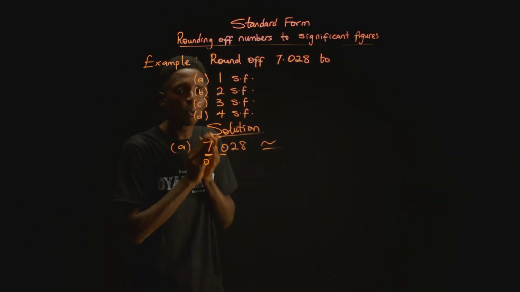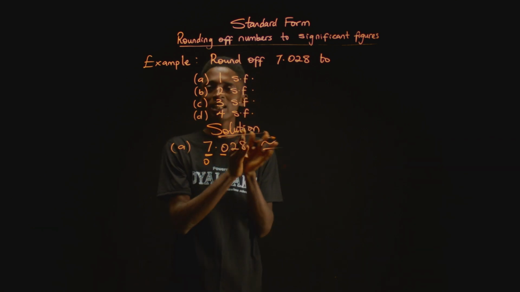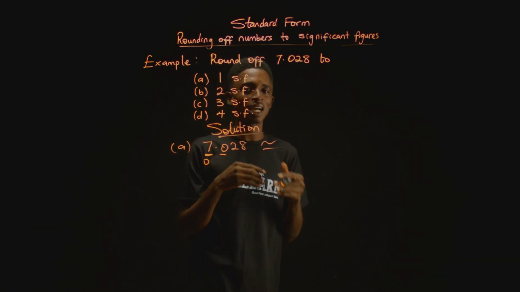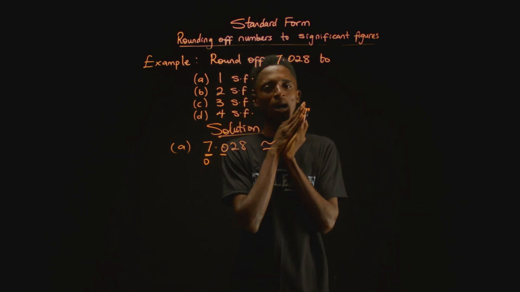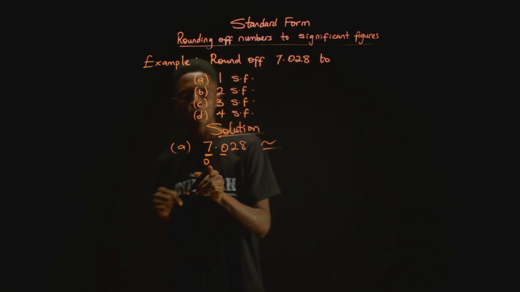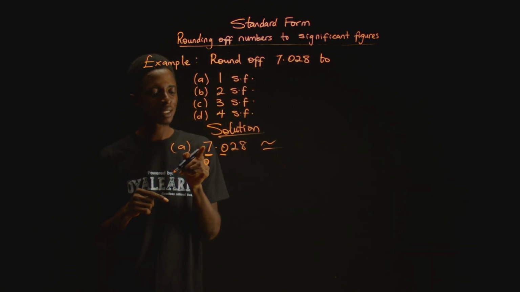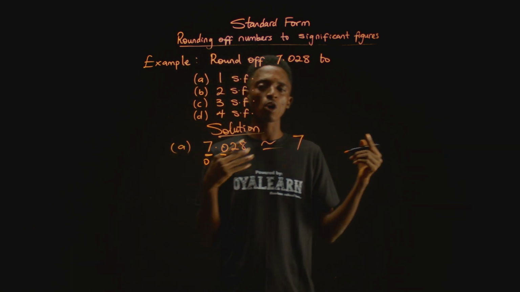And remember, once you are dealing with numbers that are before the decimal place, you write them as they are. If there are zeros after, they remain as they are. But once you cross the decimal point, if every other thing is 0, you can always jettison that. So in this case, when we add, we'll have 7 plus 0 to give us 7. Now, every other thing becomes 0.